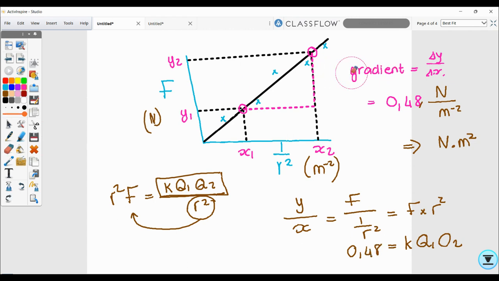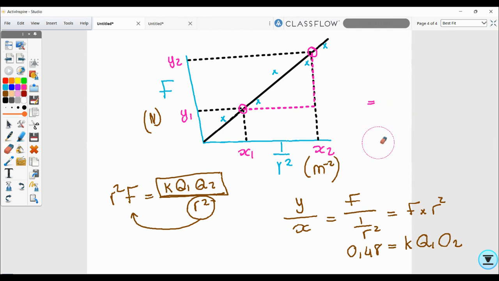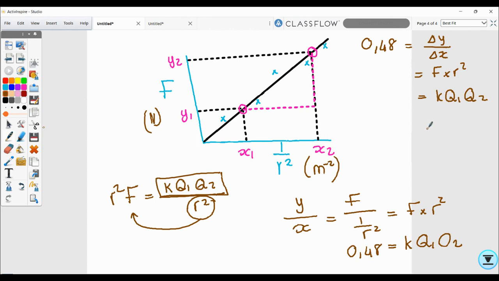So the analysis question is the one that gets you guys down. The gradient that I calculated was 0.48. I know that that is equal to the change in y over the change in x, which is equal to F times r squared, which is equal, I'm just writing it again for space, to k Q1 Q2. The question asked to calculate the value of Q. Originally, they told you that the Q's were the same.